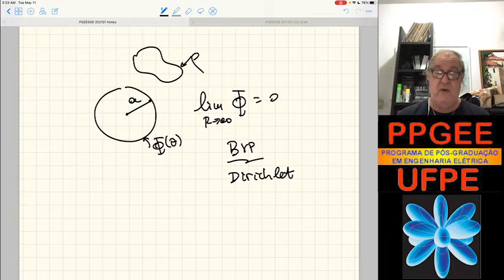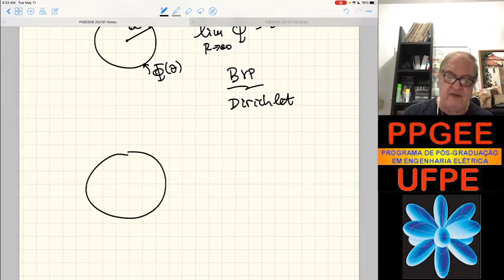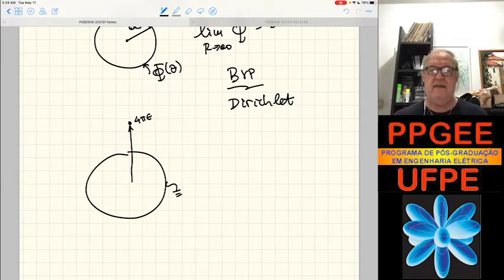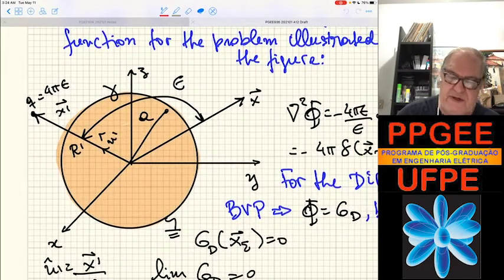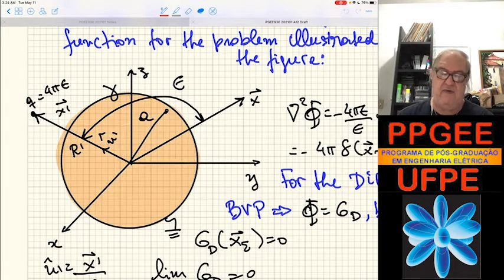How do we do that? Well, we find the Green function, which is the solution of the potential of a point charge of 4 pi epsilon located at the point x prime, next to a grounded sphere. We find the solution to this problem at point x.